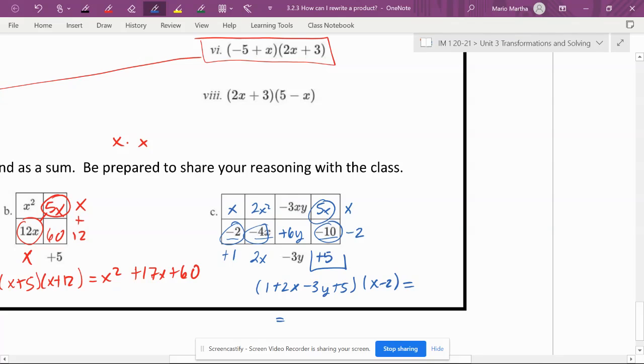And this one too. So x minus 4x gives us negative 3x plus 5x would be positive 2x. And then plus 2x squared and then minus 3xy, and then plus 6y, and then combine the negative 2 and the negative 10, that would be minus 12.